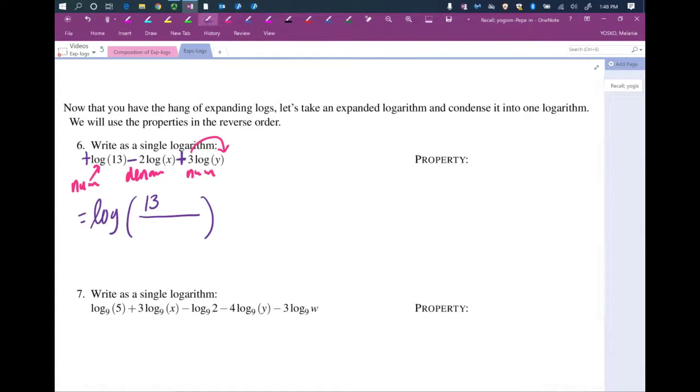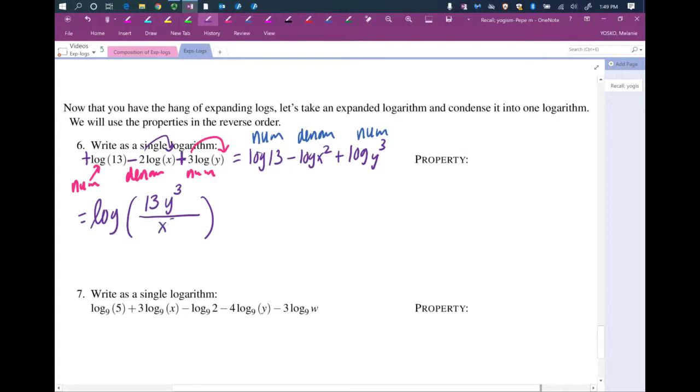So this is like log 13. We're going to do the same thing here. Minus log x squared plus log y cubed. So again, this one goes to the numerator. This one's in the denominator. This one's in the numerator. So 13y cubed. Denominator is x squared.